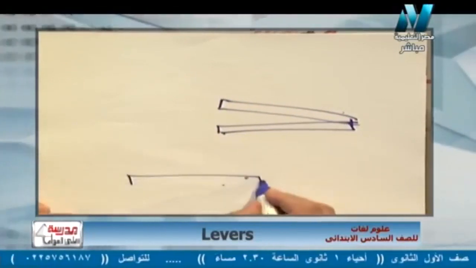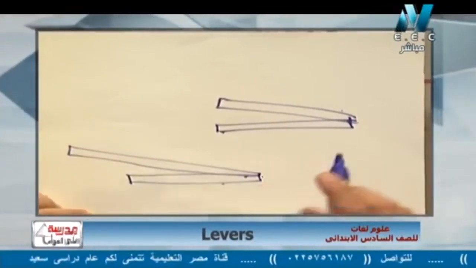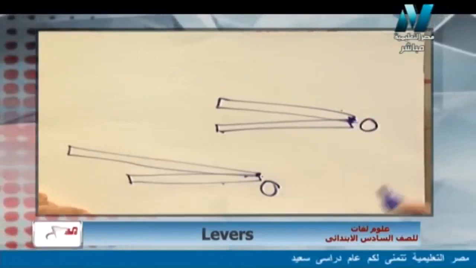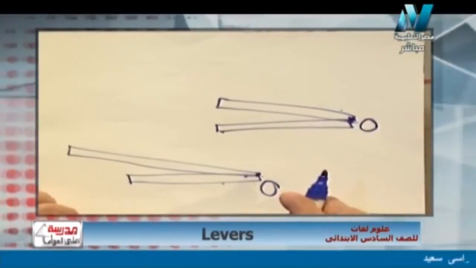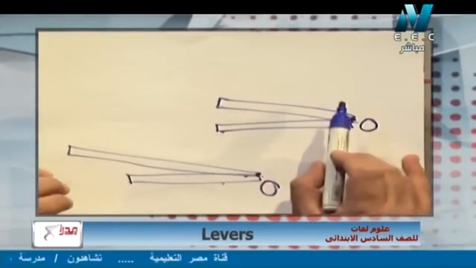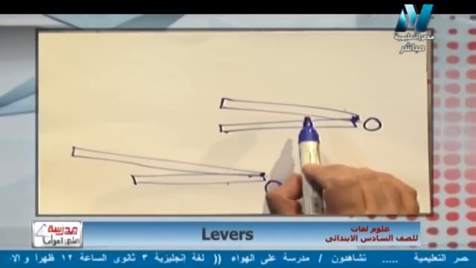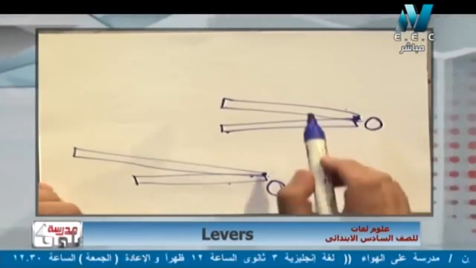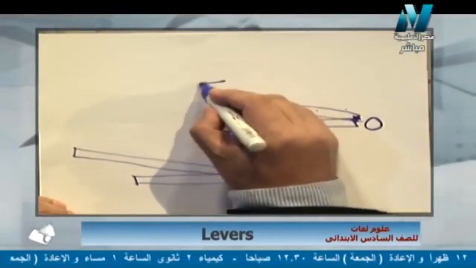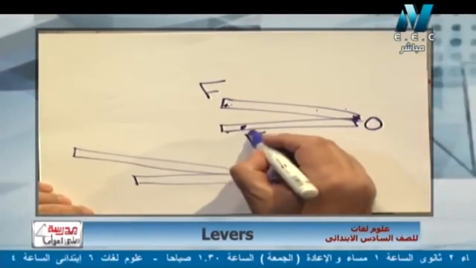Another stapler has a longer hand like this. Here is O, at the pivot, or a pin that we will call O. Where is the pushing force of my hand? Where do I press? I can press here or here. We will try it after the episode with a stapler to see which place is the most comfortable. Surely the last point will be the best place. So here is the effort force and here is the paper, which is the resistance force.